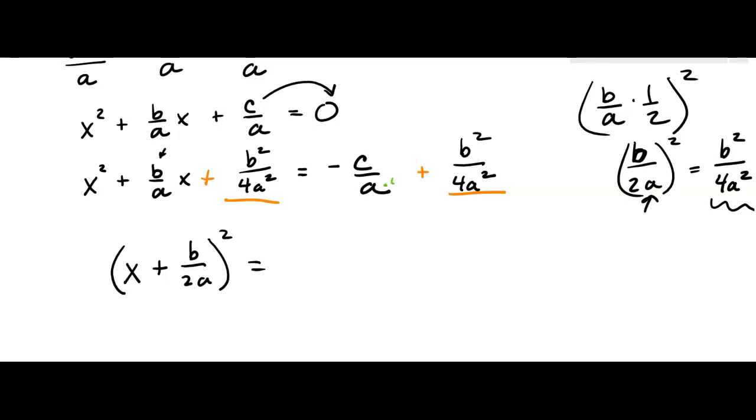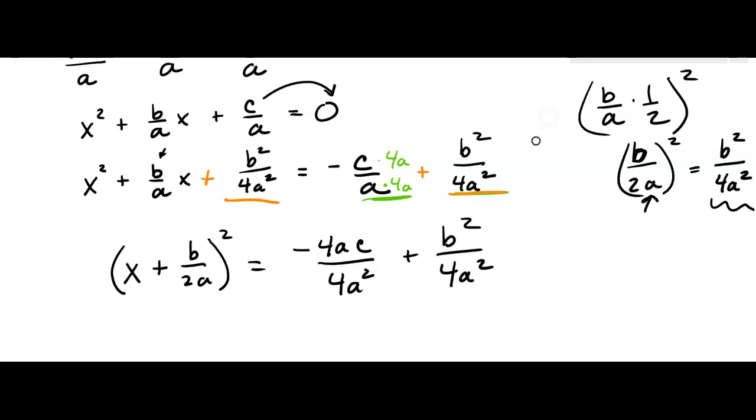So I'm going to multiply by 4a so that I can have a 4a squared here, just like I do over here. And then that means I have to multiply the numerator by 4a as well. So then I have a negative 4ac over 4a squared plus a b squared over 4a squared.